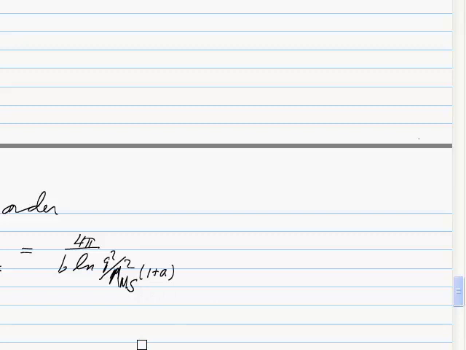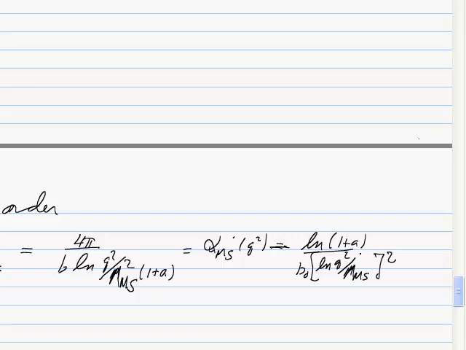You can then expand that. This turns into alpha minimal subtraction, and if I did the expansion right, it turns into minus log 1 plus a over b0 log q squared over lambda MS quantity squared.